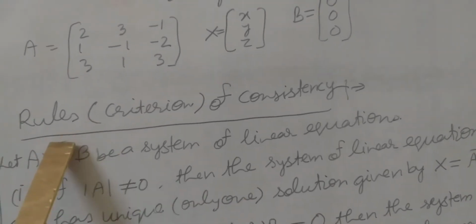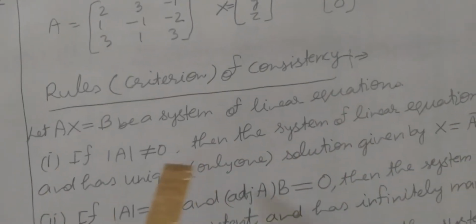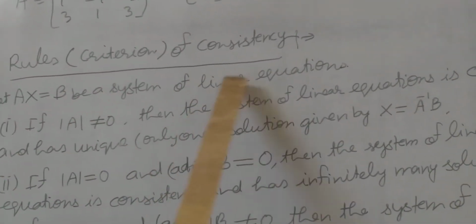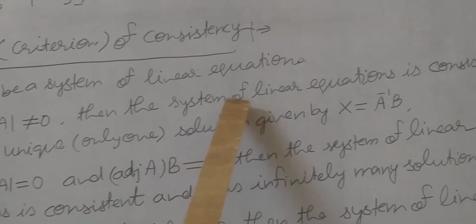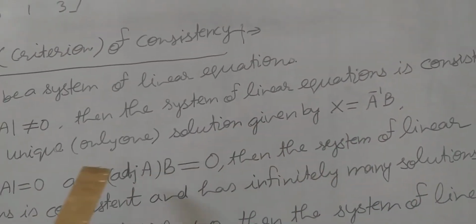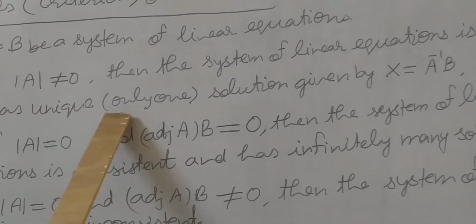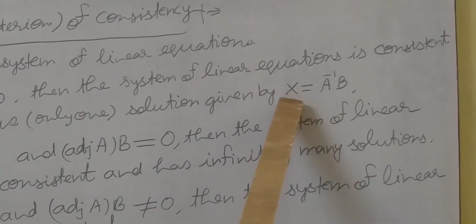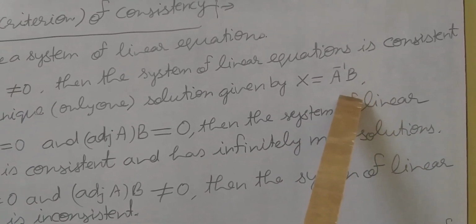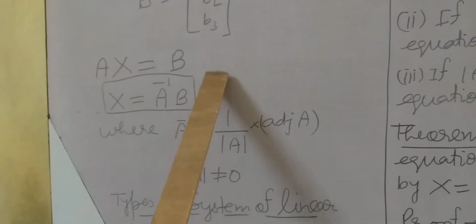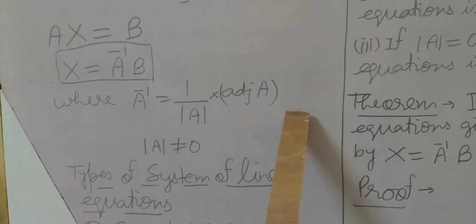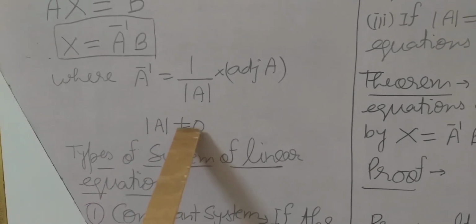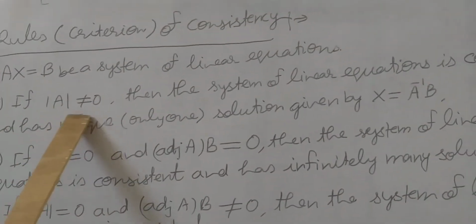Now what are the rules for consistency? Students, if AX equals B is a system of linear equations, and determinant of A is not equal to 0, then the system of linear equations is consistent and has a unique, only one, solution given by X equals A inverse B. So AX equals B, X equals A inverse B, and A inverse equals 1 upon determinant of A into adjoint A. So determinant of A not equal to 0.